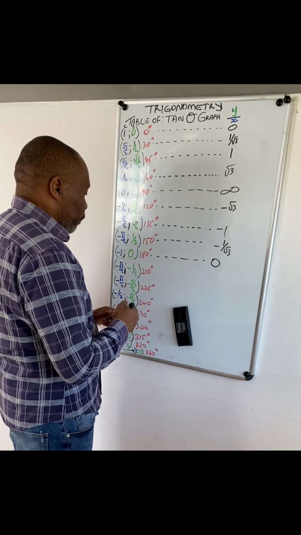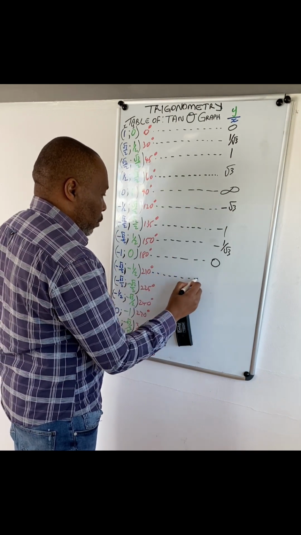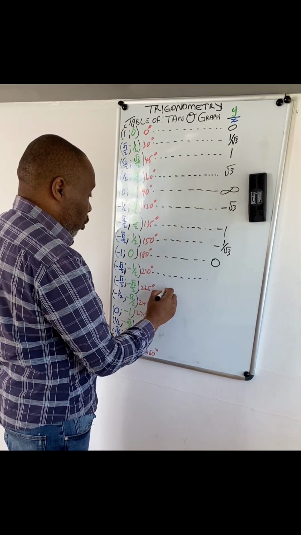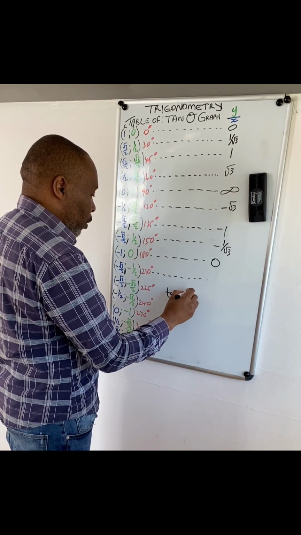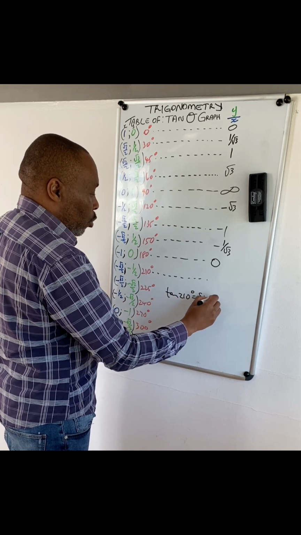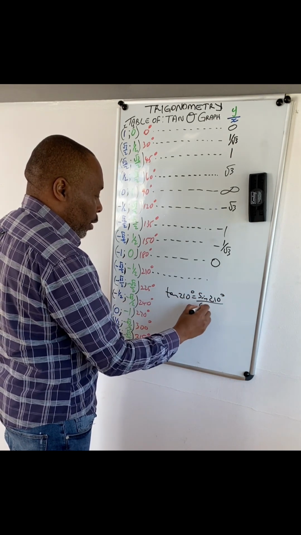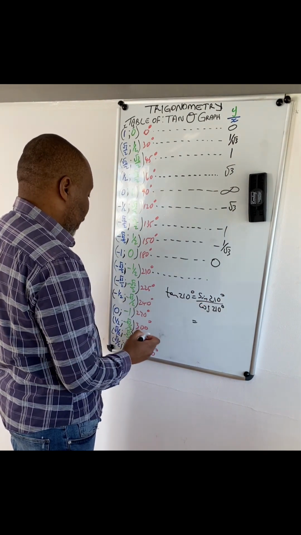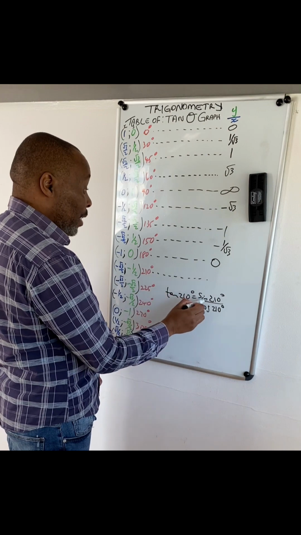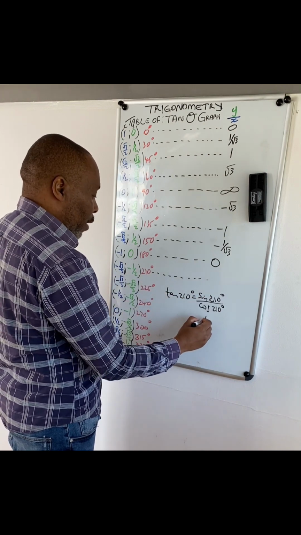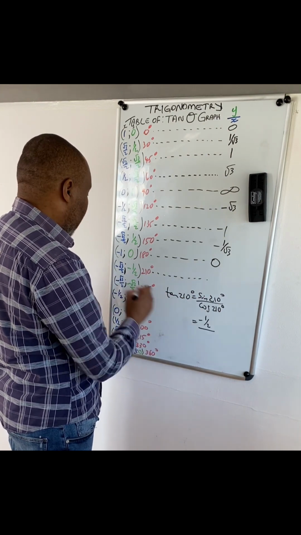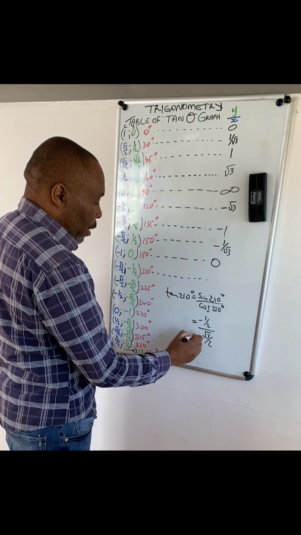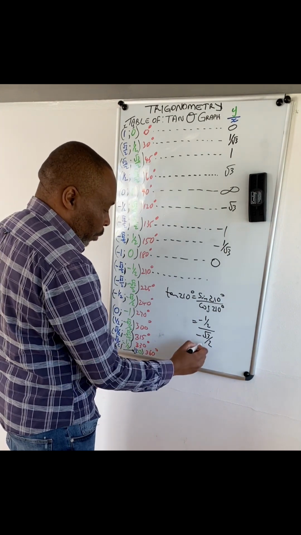Let's see. So we're doing 210. 210 is in the third quadrant. So tan 210 degrees is equal to sine 210 degrees over the cos of 210 degrees. Sine 210 degrees is a negative half, over cos 210 degrees, which is negative root 3 over 2. Already this tells us it's positive, but let's carry on.